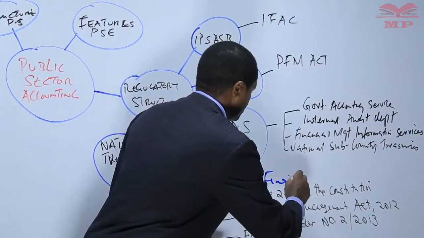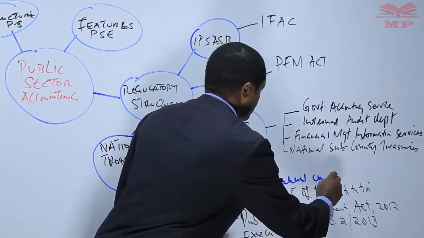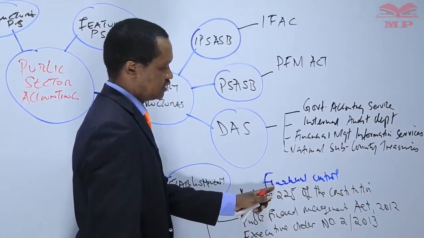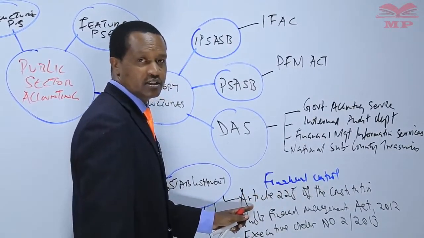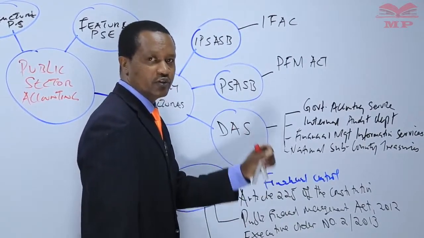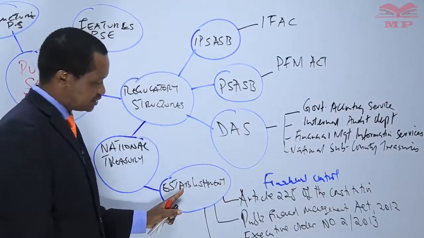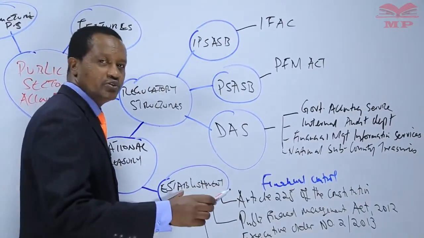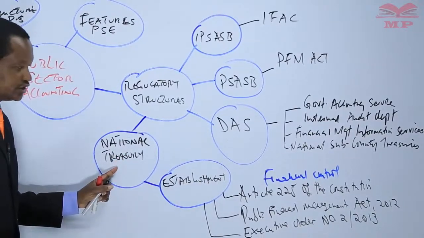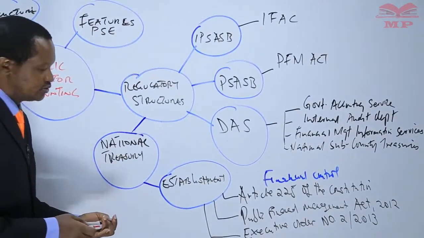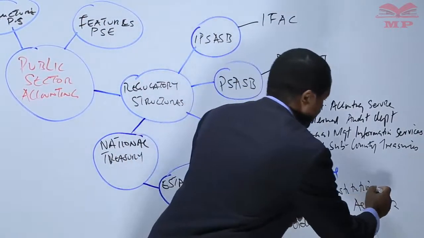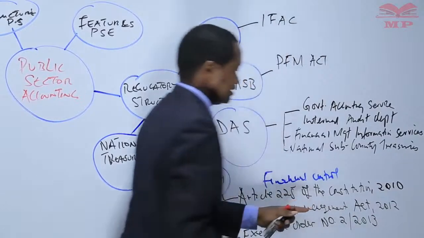Article 225 is about financial control, and it says that an act of Parliament shall provide for the establishment, functions, and responsibilities of the National Treasury. If I was to remind you, candidates, this Constitution was promulgated in the year 2010.